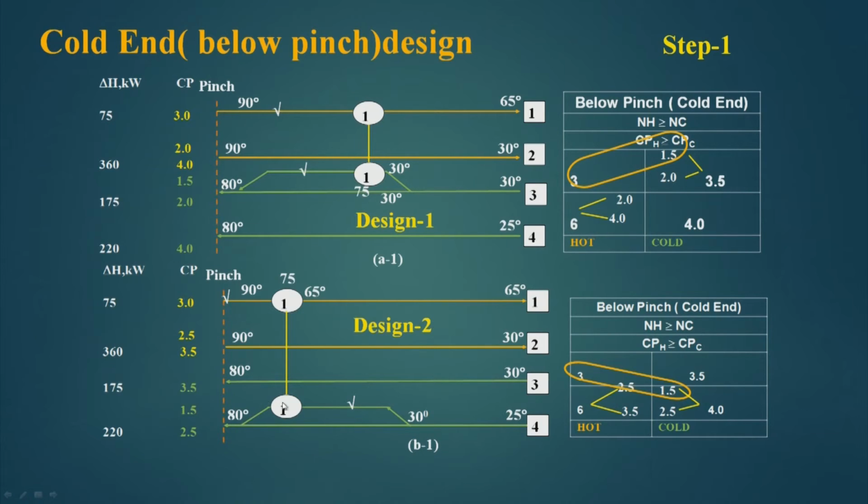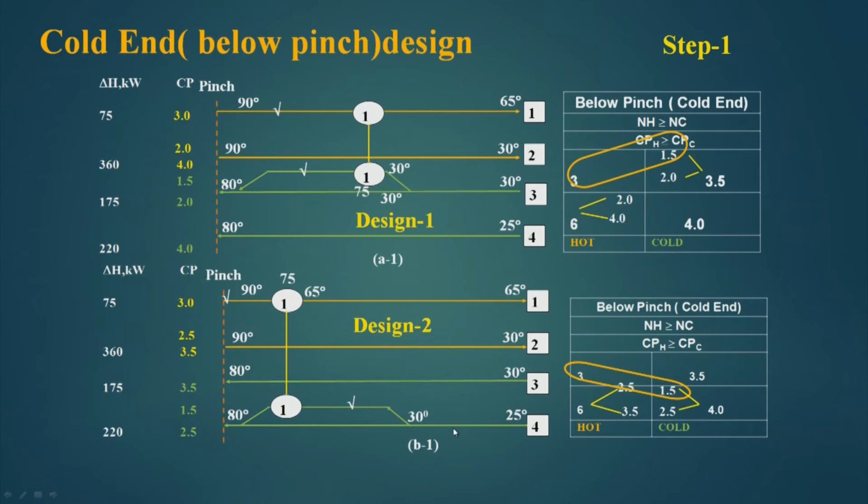So, it will take 75 kilowatt of it, and once I take 75 kilowatt of this, from 30 degree centigrade it will rise up to 80 degree centigrade. Okay. So, here something has to be done, so that the temperature rises from 25 degree centigrade up to 30 degree centigrade, and we have not put anything here.